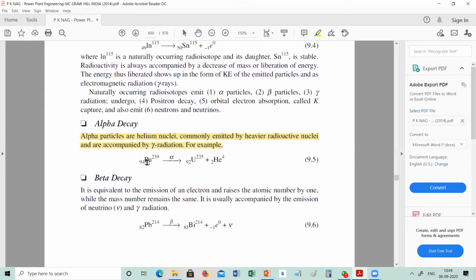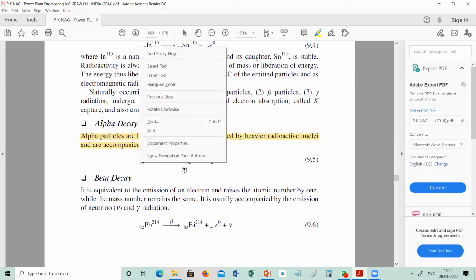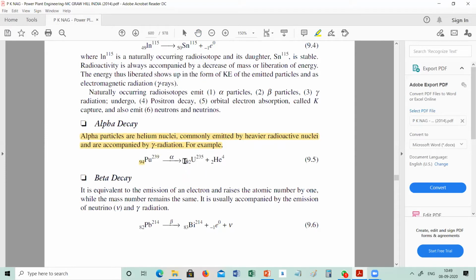The number of protons will be decreased by 2, and in helium, 2 protons are there. So we can say that an alpha particle is emitted, or a helium nucleus is emitted. You can see here, during alpha decay, the number of protons will be decreased by 2, and the number of neutrons is also decreased by 2.